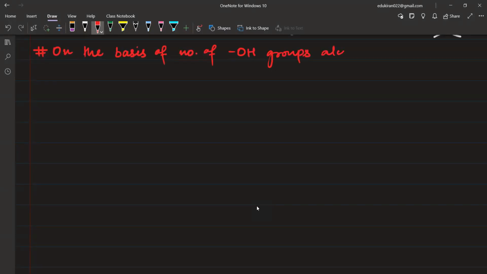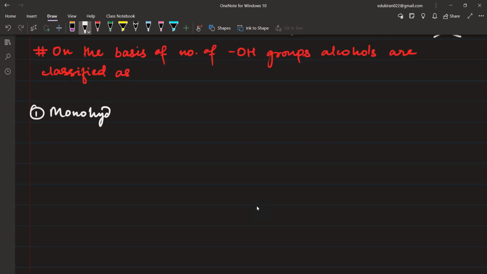Alcohols are classified as number 1, monohydric. Monohydric means it will contain only one OH group.